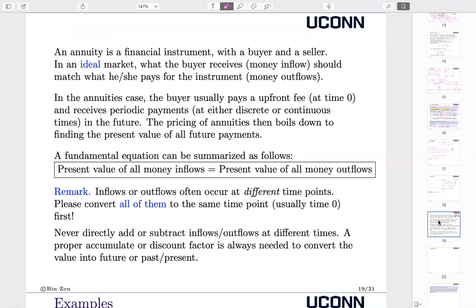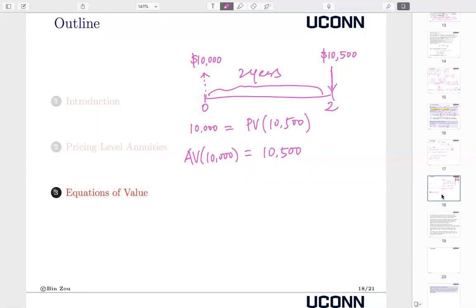So inside the box is basically what I meant in the angle of present value. So present value of all money in should be equal to the present value of all money out. So in this long example, at time 0, you will receive $10,000. So you can think of that as an inflow to you.